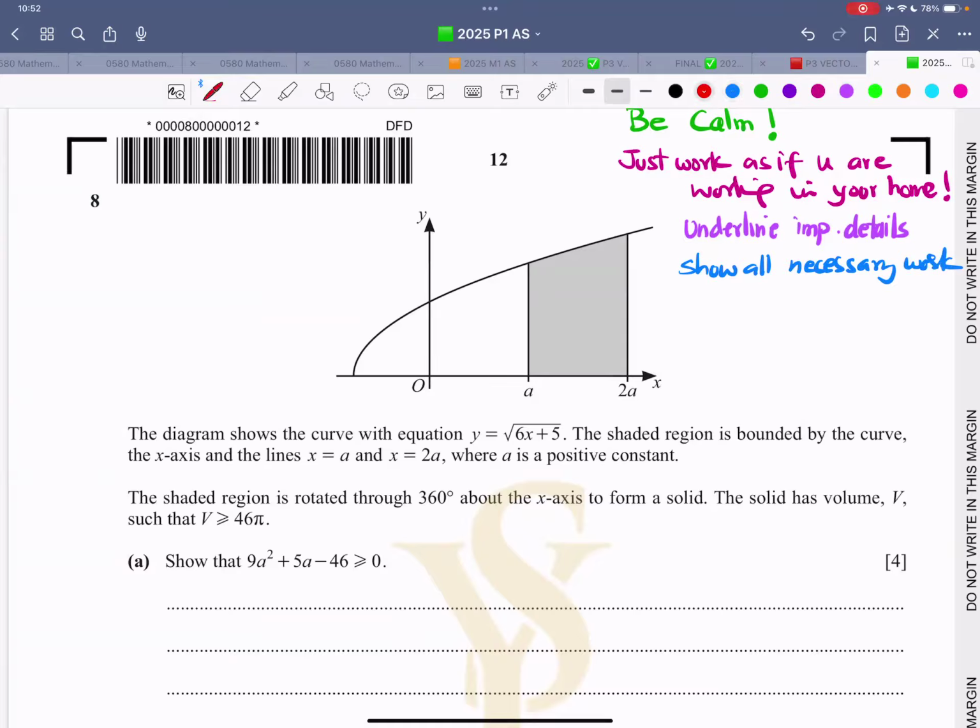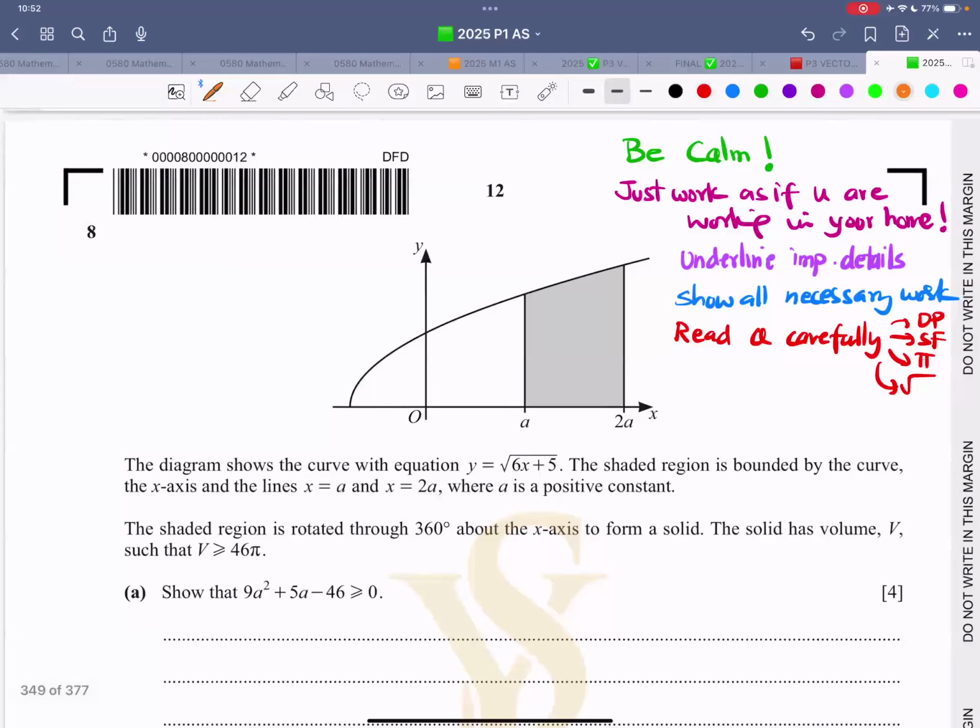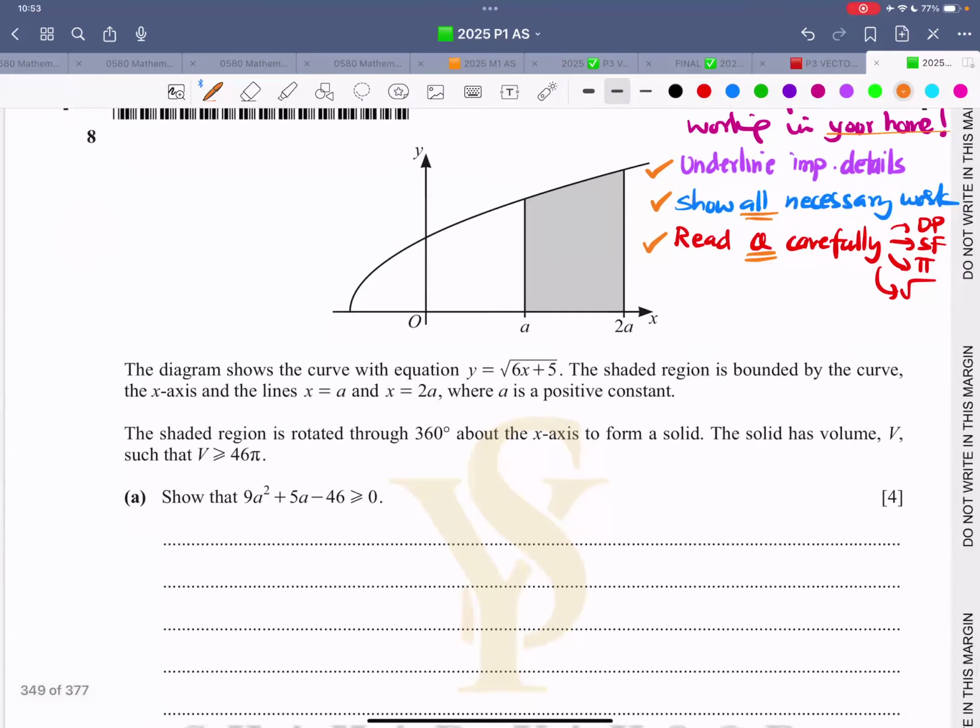And the fifth thing is to read the question carefully, whether it's about decimal places, significant figures, in terms of pi, in terms of surds, and so on. So these are some of the important pointers. Be calm, work as if you are working from your home, underline important details, show all necessary working. Everything that I'm doing is necessary. Read the question carefully. What exactly are they asking for? What is the demand of the question?